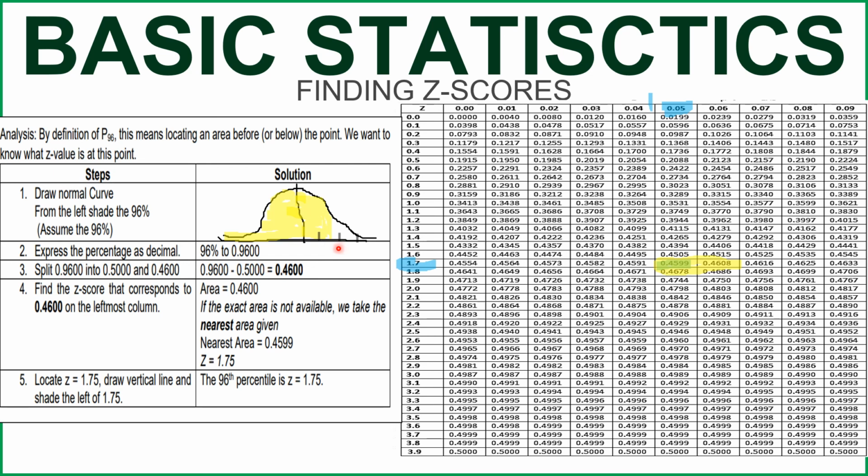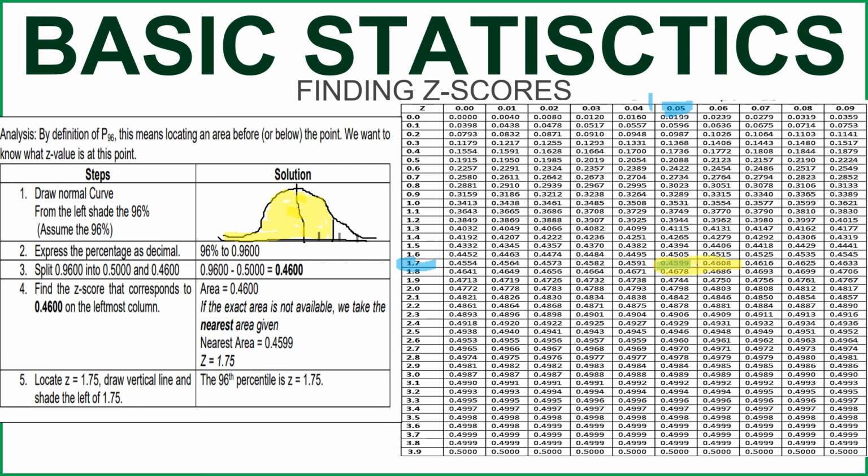So, 1.75, it's between 1 and 2. So, I assume na dito yung 1.75. So, isi-shade lang natin yung portion or area na yon, and that is the drawing ng normal curve natin.